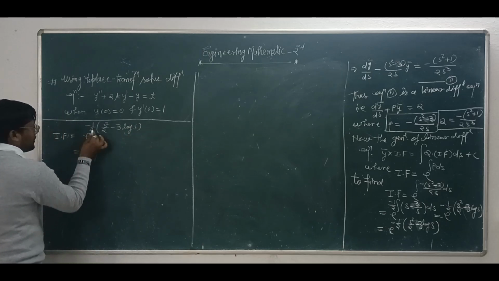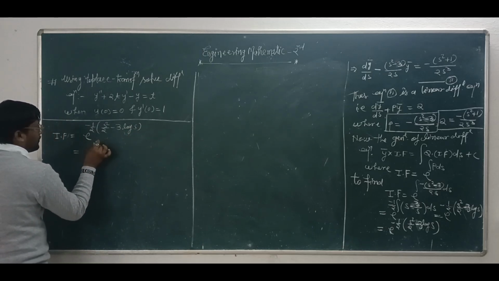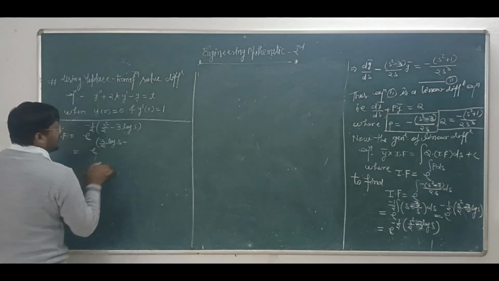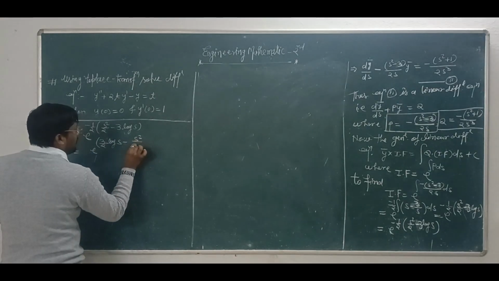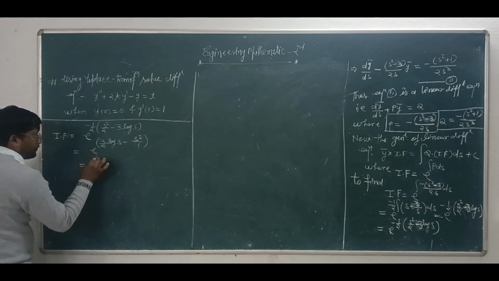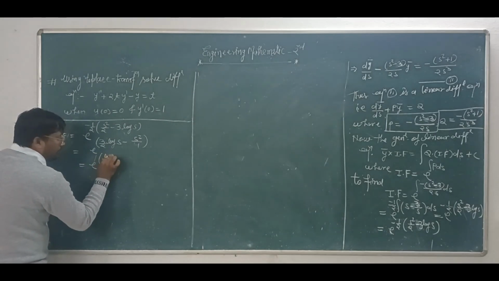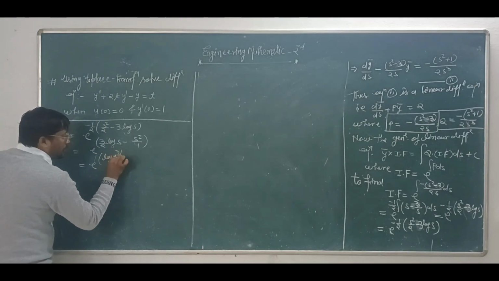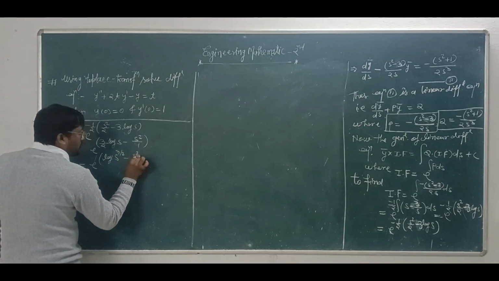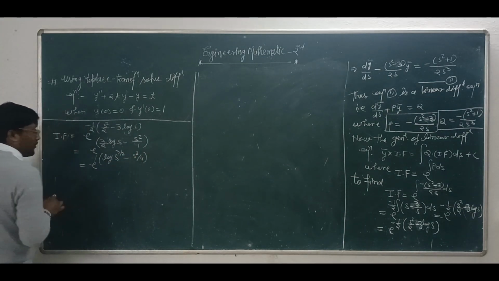This means e to the power bracket 3 by 2 log s minus s square by 4. Now you can write e to the power log s to the power 3 by 2 minus s square by 4.